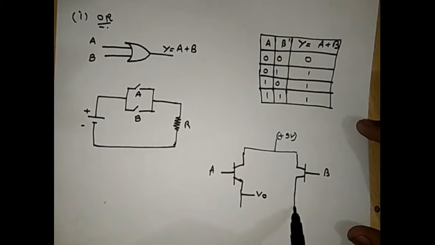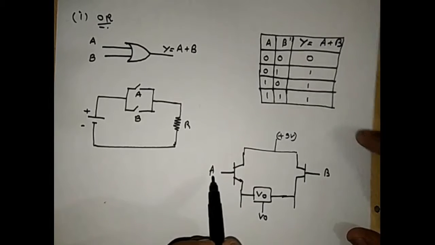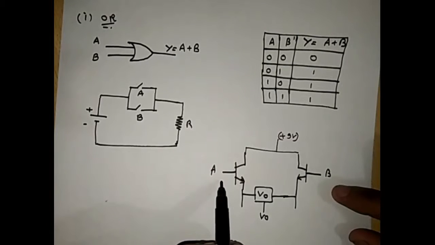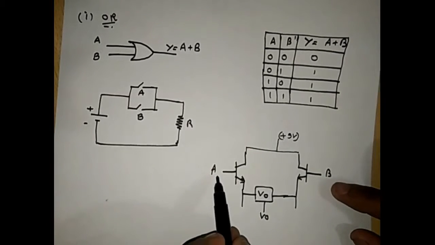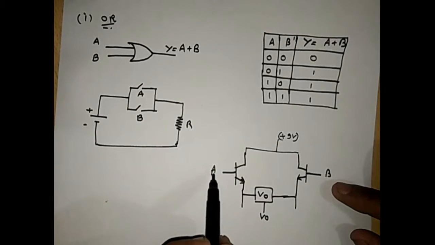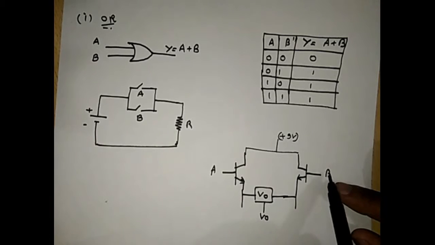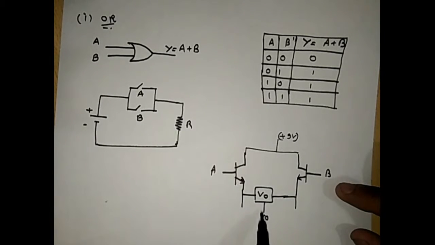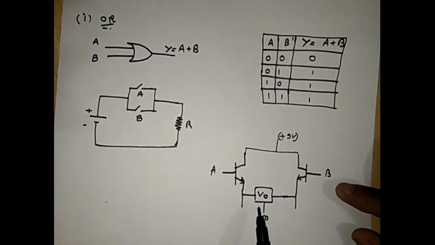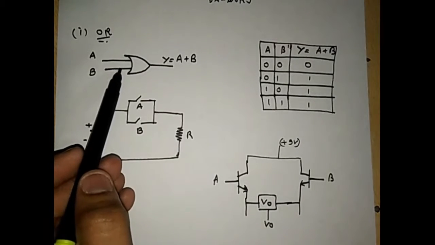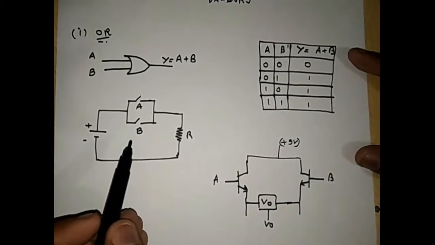So what happens is that if either transistor A or B is active, for example if A is active, then 5 volts is given to V0 from this position, and if B is active, then 5 volts is present from this position. Okay friends, so this is the basics of the OR gate, where this is the symbolic representation of the OR gate. This is the electrical point of view.